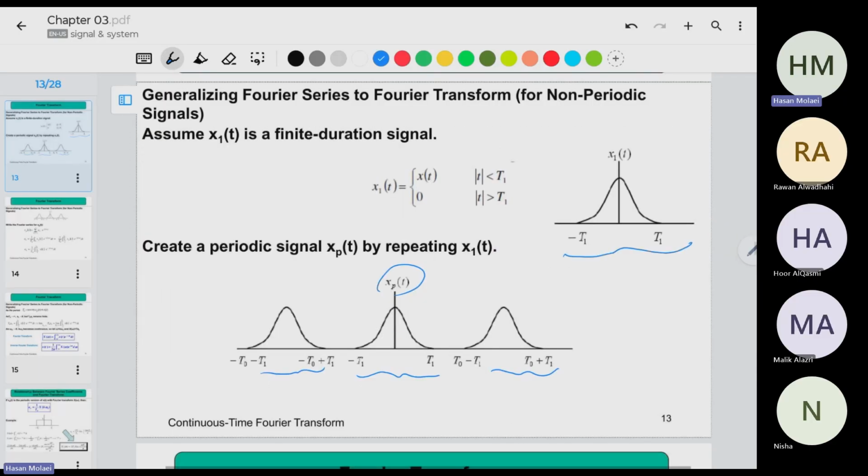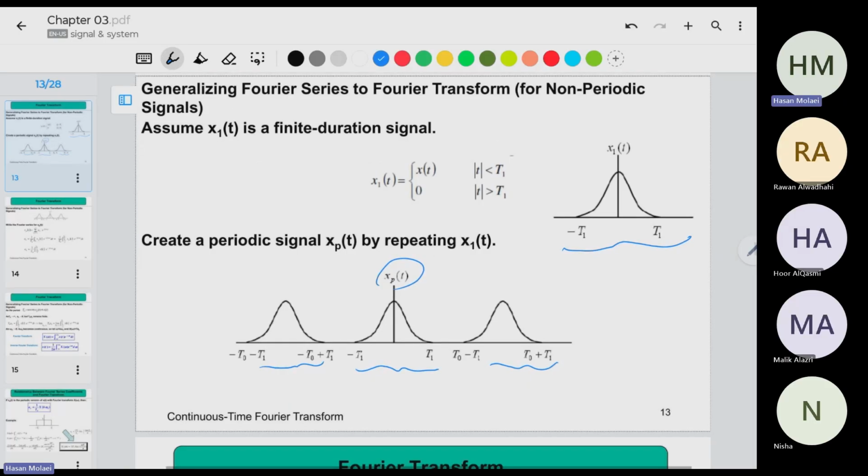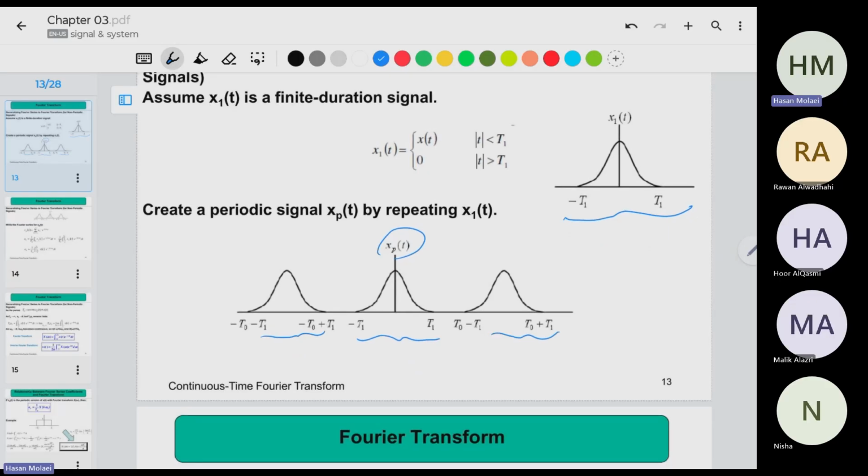Now this is a periodic signal. I can write a Fourier series for that. For the original one, x1(t), I couldn't because it wasn't periodic. I write the Fourier series for this one. At the same time, I just need one period of this signal. The others I don't have.